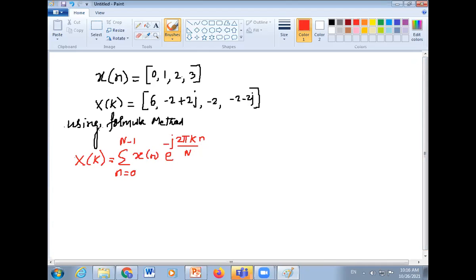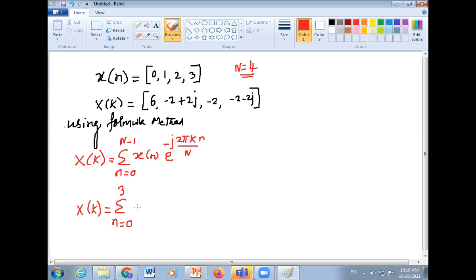Now let us solve this for the above question. So X of k is equals to summation n equals to 0 to, what is the value of capital N here? We are calculating a 4-point DFT, so N equals 4, and N minus 1 is 3.